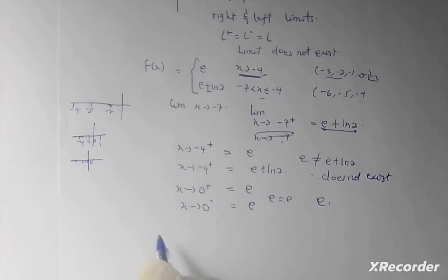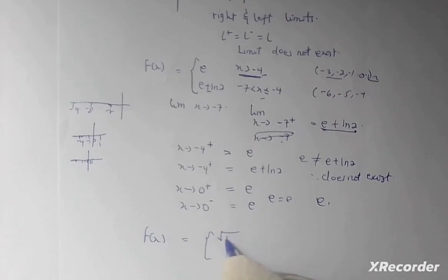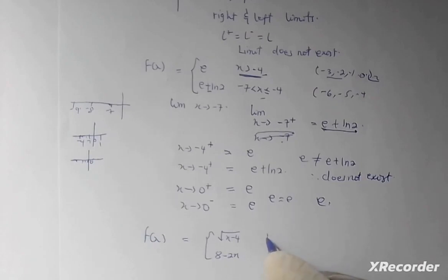So for the piecewise function, you have f of x equal to square root of x minus 4, then 8 minus 2x, where x is greater than 4, and x is less than 4.